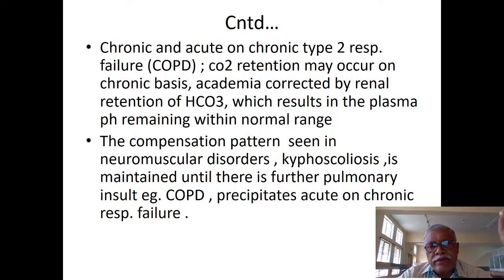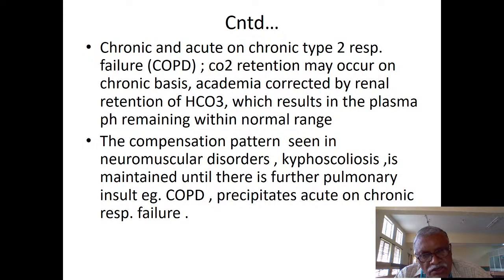In acute on chronic type 2 respiratory failure, especially in COPD, carbon dioxide retention may occur on a chronic basis, and the patient may develop acidemia corrected by renal retention of bicarbonate, which results in the plasma pH remaining within normal range.